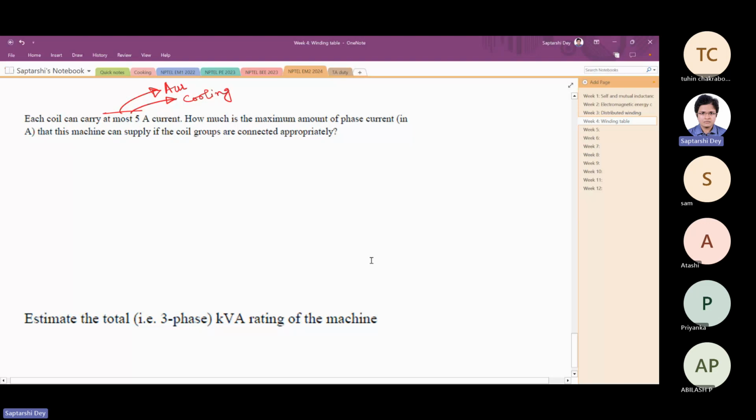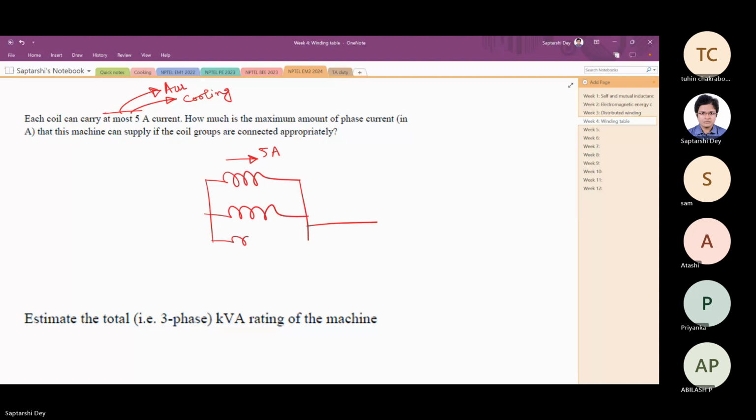Now see, you have several coils. All of them can conduct a maximum of 5 ampere. You have to make sure you get the most possible current, so you have to connect them in parallel. Then only all the currents add up.